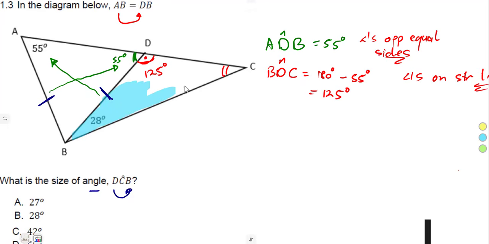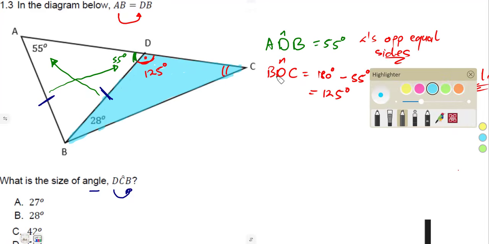All right. So this is what we have. Focusing on this triangle, we notice that we have two angles inside of this triangle that we are given: the one that we calculated, the 125, and the 28 degrees that we were already given. So the question is, how can we determine the remaining third angle, which is at C?